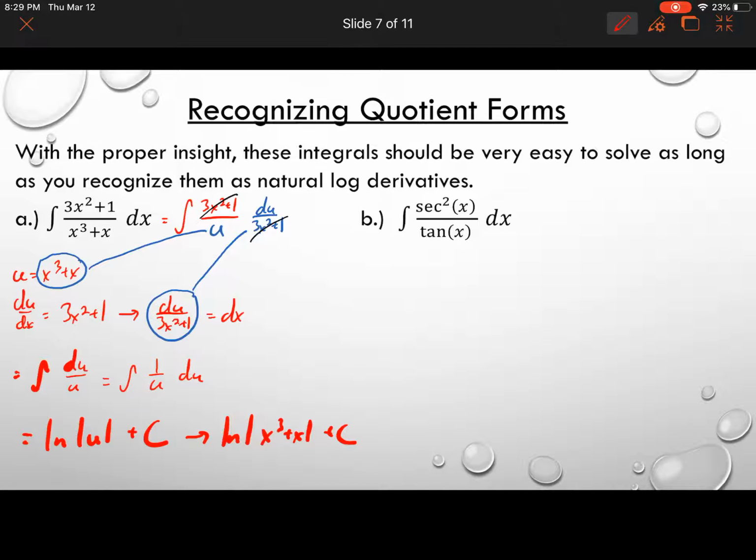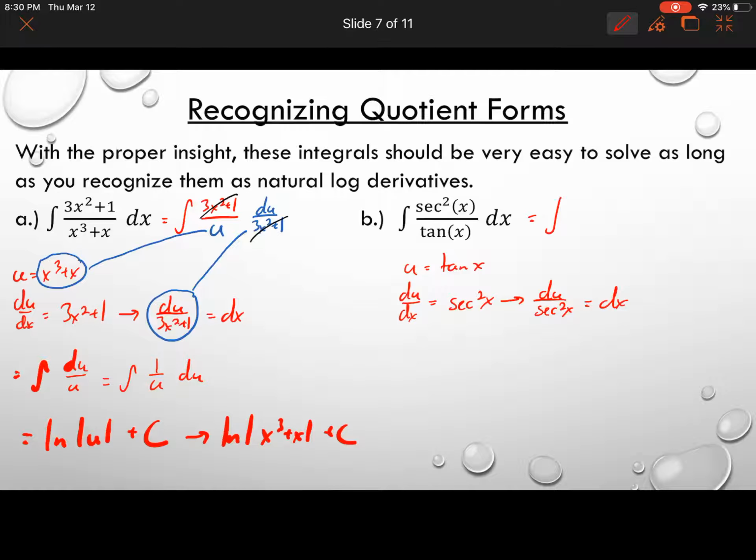Now, if we do the same thing for b, we set u equal to tangent of x. That means the derivative is secant squared of x. If we solve for dx, we get du over secant squared of x is equal to dx.